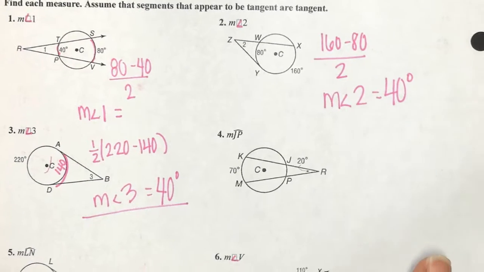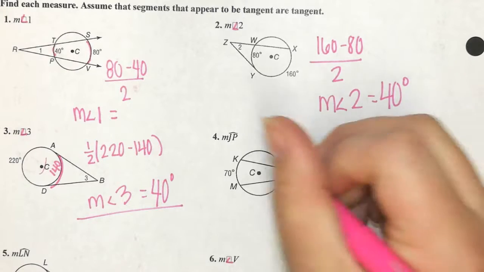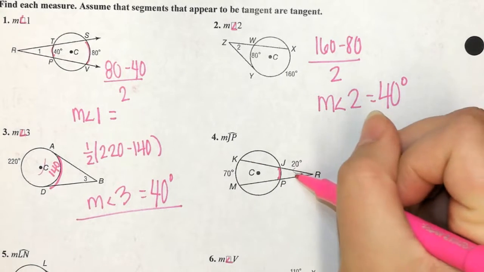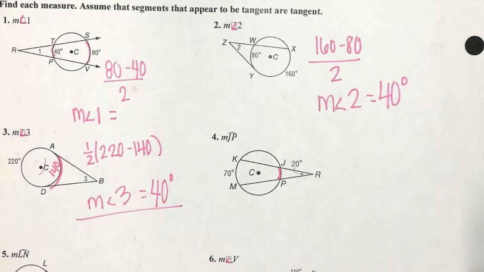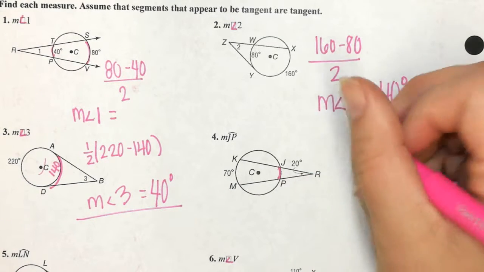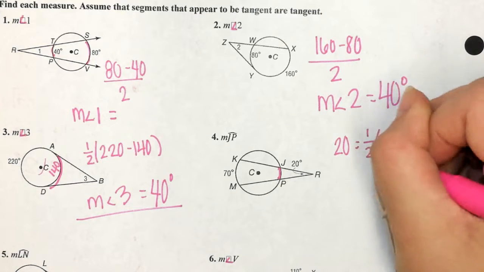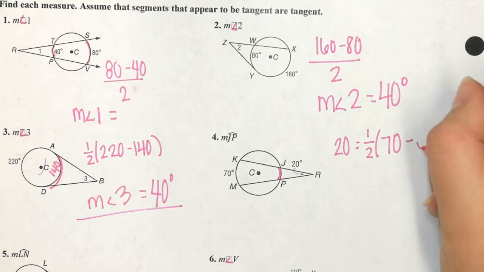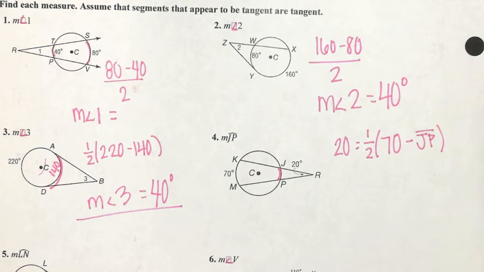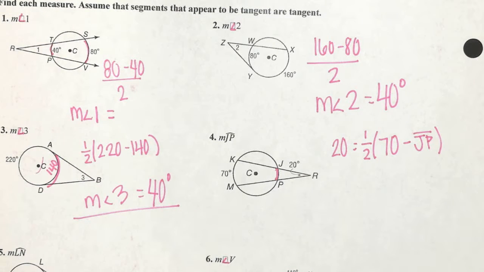Okay, and number 4, I want to find the measure of the small arc. I know the angle and I know the side. Can I do it? I just have to rearrange the formula. I know this angle, 20, is equal to 1/2 times the subtraction of the arcs. The only problem is I don't know JP. But I can solve for JP.